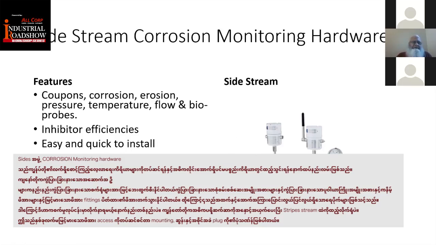It will be between the upstream and downstream with flexible hoses. This is another technique that we follow in the industry. Instead of disrupting the main process, we install the side stream facilities, and in there we install the actual corrosion monitoring hardware.